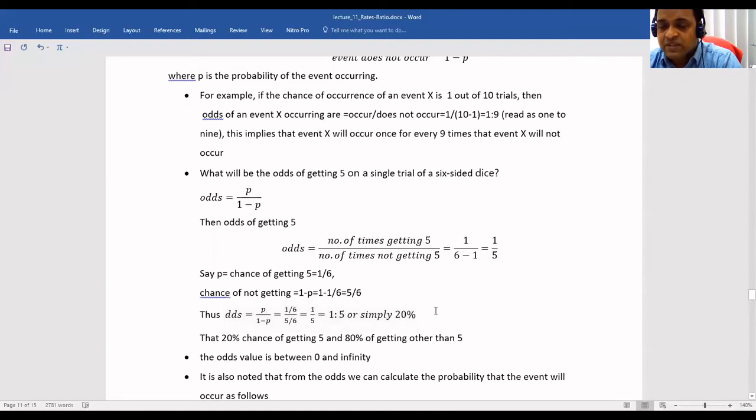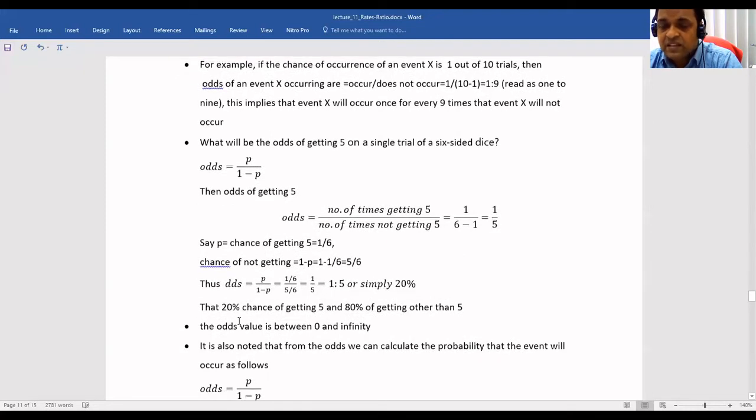Simply, 20% of the time we will get 5, and 80% of the time we will not get 5. So we have 1 chance of getting 5 and 5 chances of not getting 5 out of 6 outcomes in a single dice. So this is the odds.